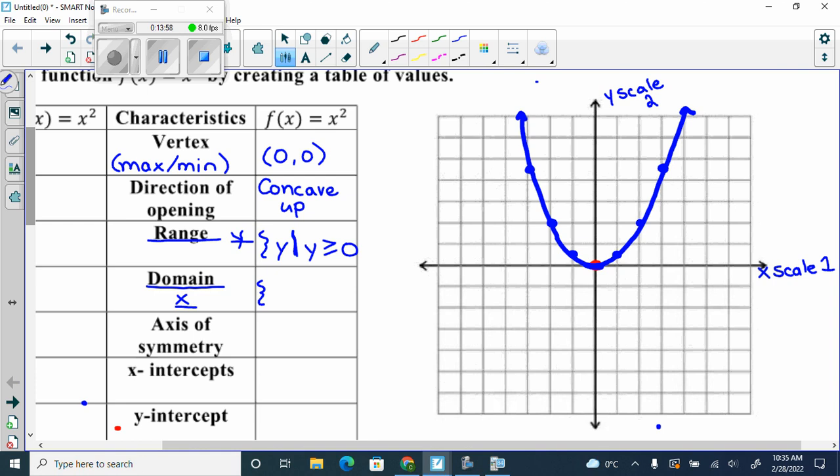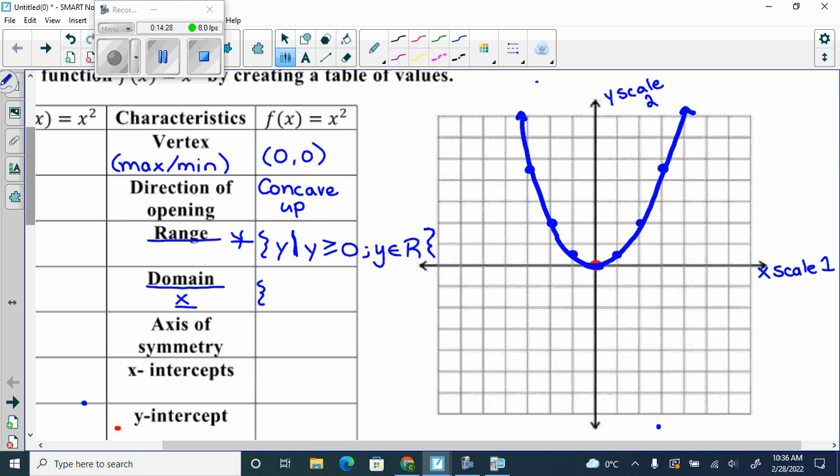When all of the values are connected and I can have every single value in the number system, remember what number system it is? Starts with an R. It's the reals, the real numbers. The real numbers contain all the integers, all the rationals, all the irrationals, all the whole numbers, all the naturals, everything. So when you can connect them all, we always follow behind with a semicolon: y is an element of the real numbers.